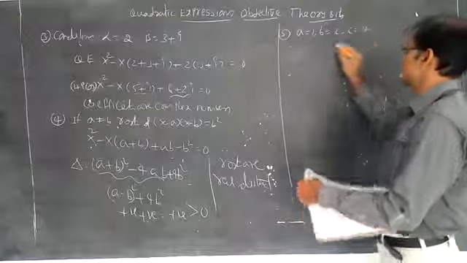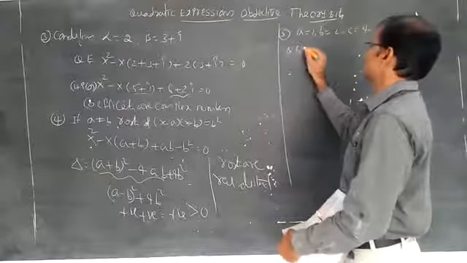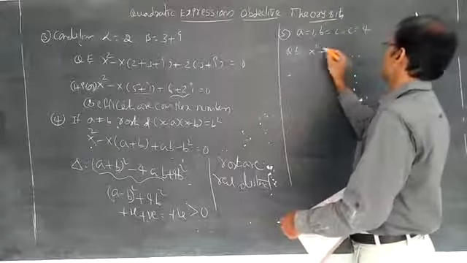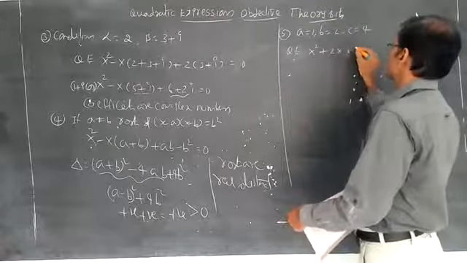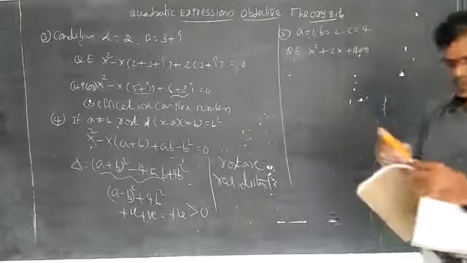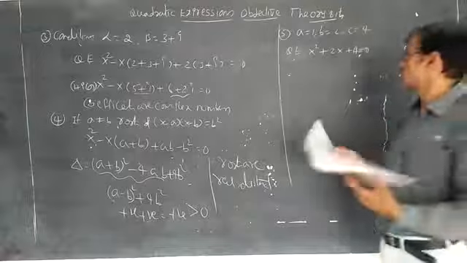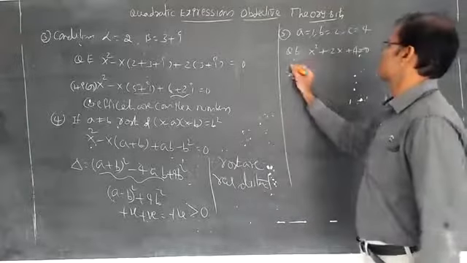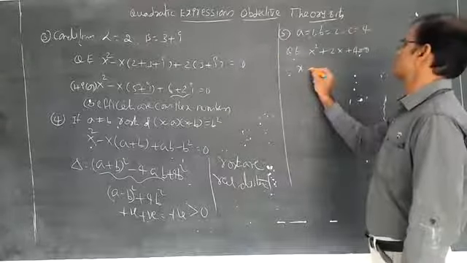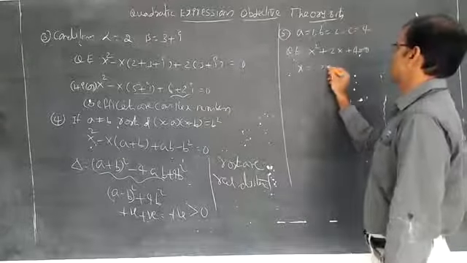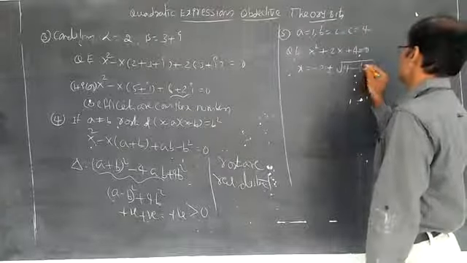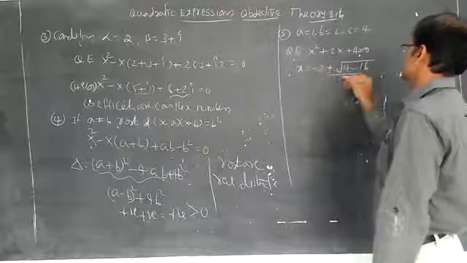The quadratic equation we can write as x square plus 2x plus 4 equal to 0. Then the roots of the equation he is asking. Okay, let us calculate the roots alpha, beta: x is equal to minus b plus or minus root of b square minus 4ac, that is 4 minus 16, by 2.